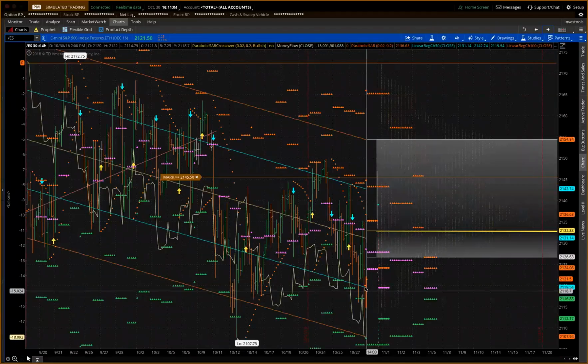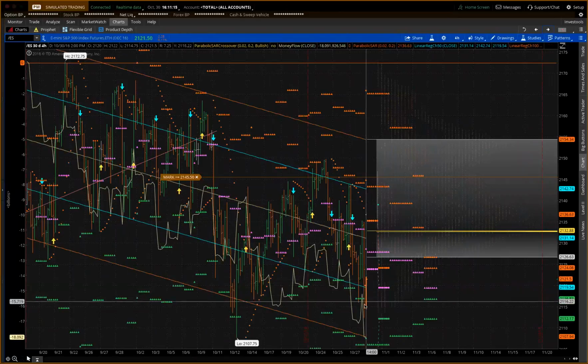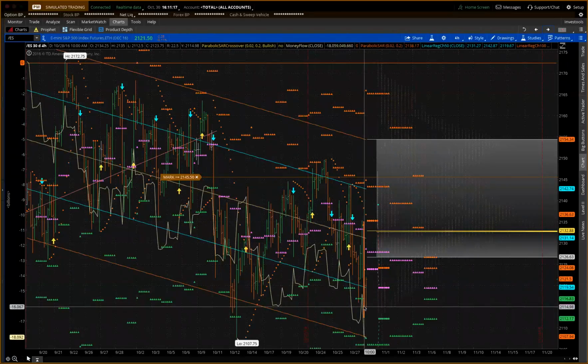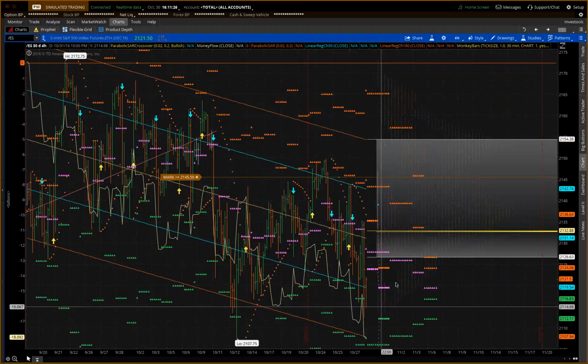ES, we opened here at 2120 and dropped down to the low 2075. Now we've come back. They're still trying to hold the support area down in here. They have to get it back over 2120.